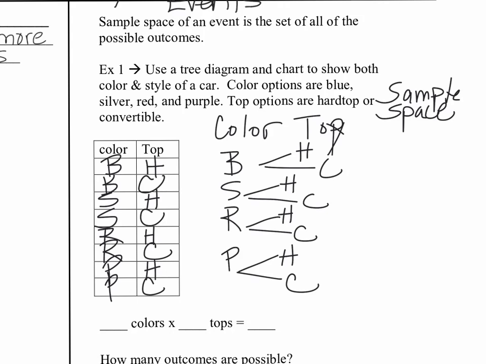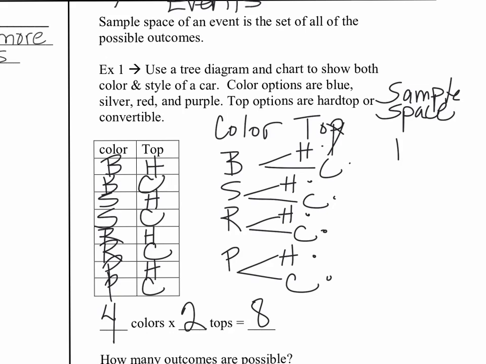If you count 1, 2, 3, 4, 5, 6, 7, 8. There are 8 possible outcomes. 4 colors times the 2 tops equal 8. Your sample space looks just like your table.